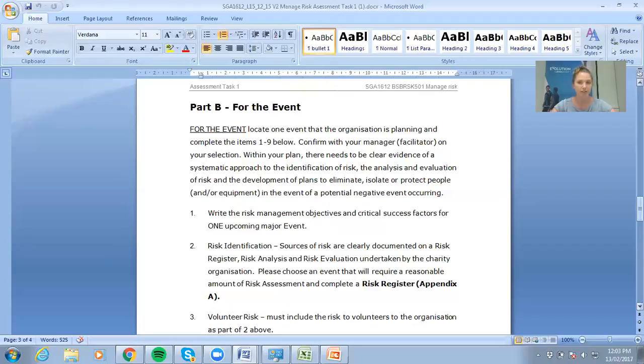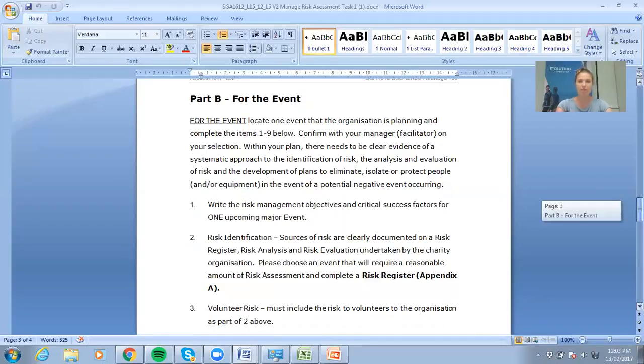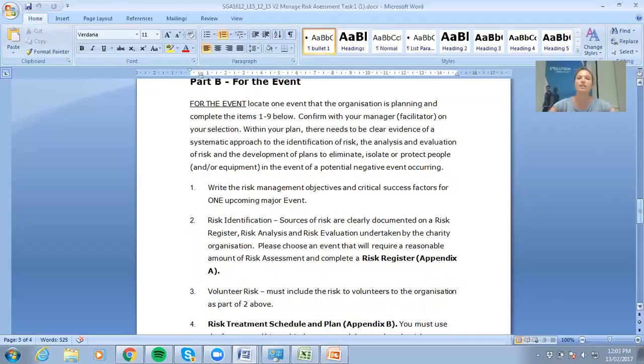Confirm with your manager or facilitator on your selection. Within your plan, there needs to be clear evidence of a systematic approach to the identification of risk, the analysis and evaluation of risk, and development of plans to implement, isolate or protect people and or equipment in the event of a potential negative event occurring.